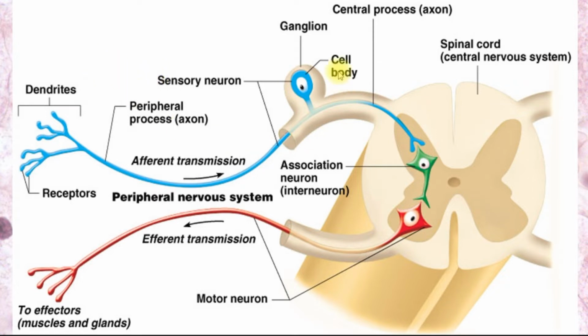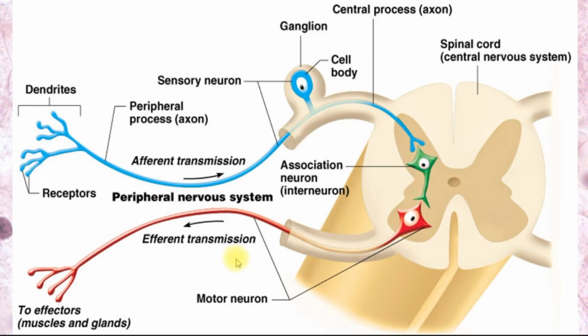So we have sensory neurons, interneurons, and motor neurons. Sensory neurons are also called afferent neurons, and they provide afferent transmission. It goes to the CNS. And efferent transmission and efferent neurons, motor neurons, bring impulses from the CNS.